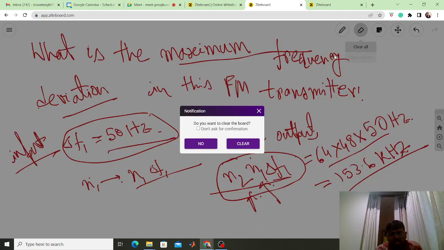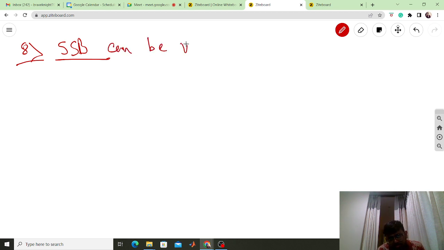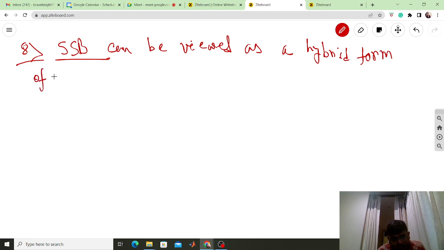Okay, let us go to the next question. So that SSB, that is the single sideband modulation type of thing, SSB modulation, can be viewed as a hybrid form of amplitude and frequency modulation.